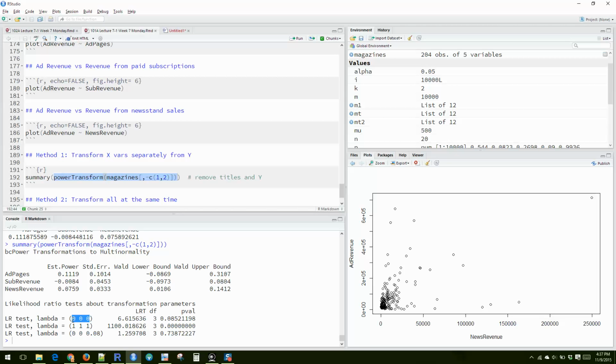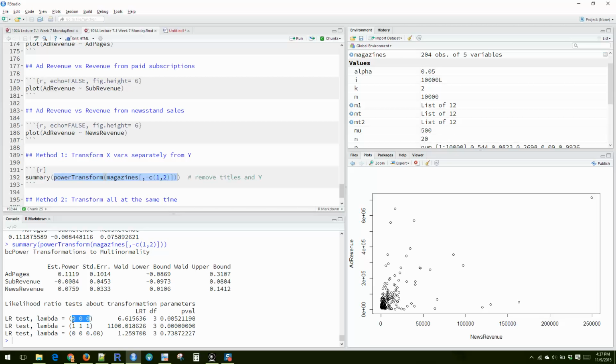And adding or subtracting a constant is fine. Power transformations work best if you have values that are at least one magnitude larger than another. So if you're going to do a log transform, you don't want all of your values to be from 1 million to 2 million.